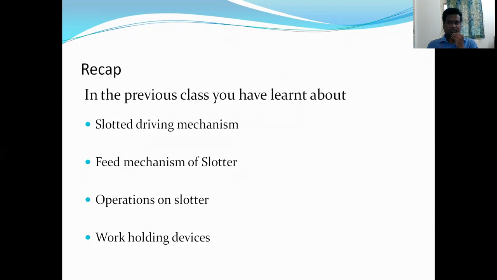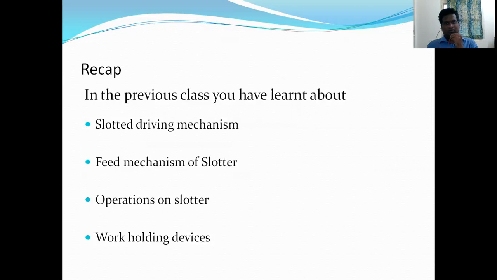The vertical shaper is similar to the slotting machine, but the difference between the vertical slotter and vertical shaper is that the tool head is tilted at some angle in the vertical shaper, whereas in the slotter it does not tilt at any angle.